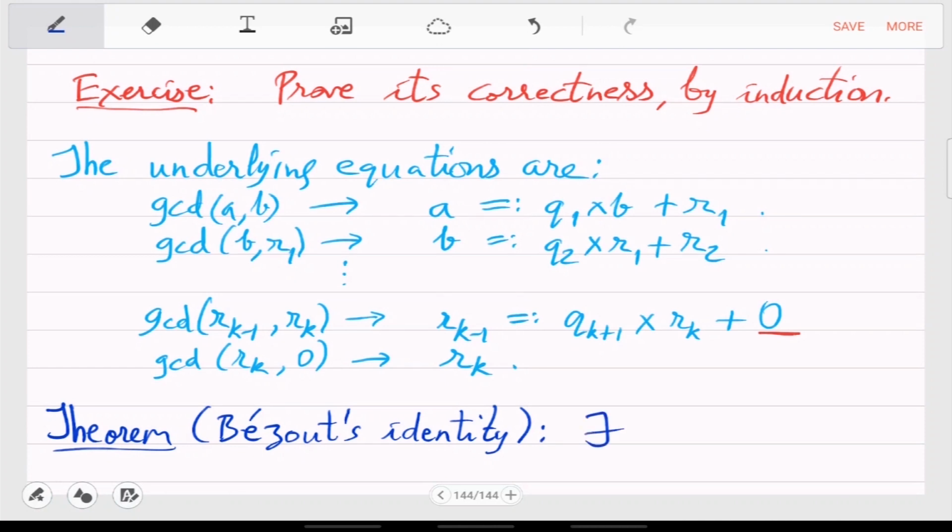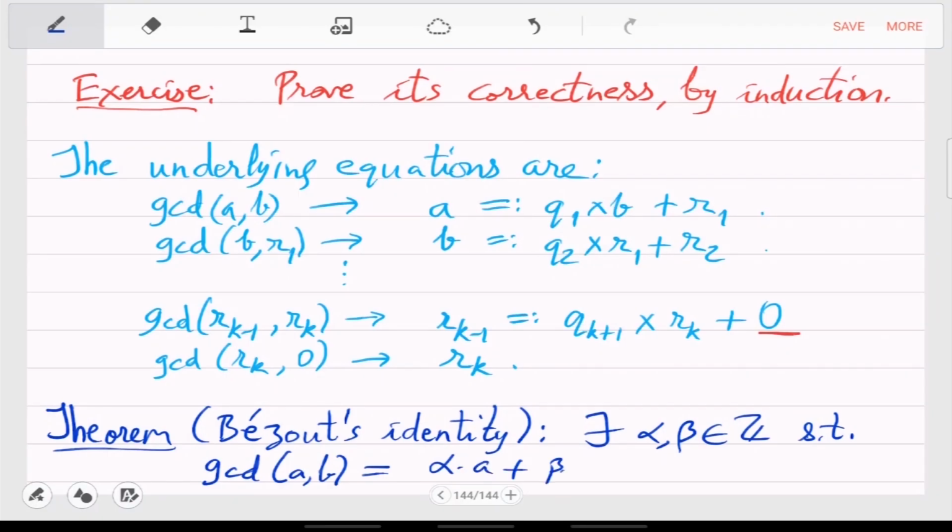That there exist numbers alpha and beta such that the GCD of A, B is equal to alpha A plus beta B. Do you see this from these equations?